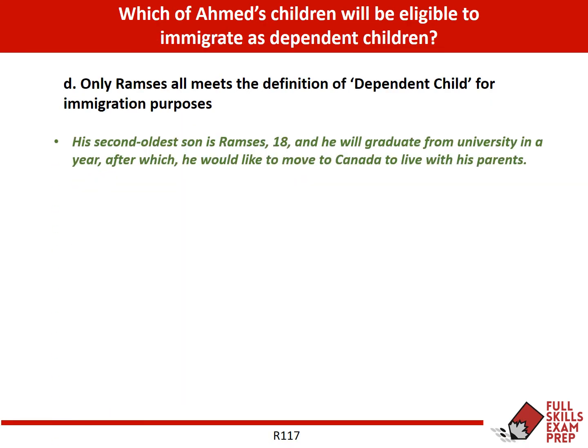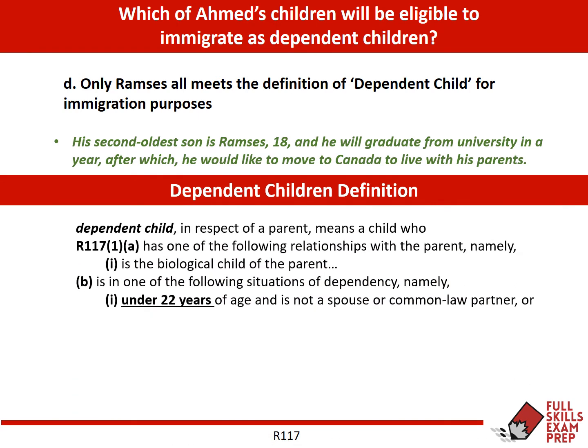All right, so let's see. So Ramses is 18. And, well, just as we saw with Mahmoud, it's a similar situation. The only difference really is the age. Okay, so he's going to graduate from university in a year. That's okay. So he's under the age of 22, of course, which definitely puts him on the right track.